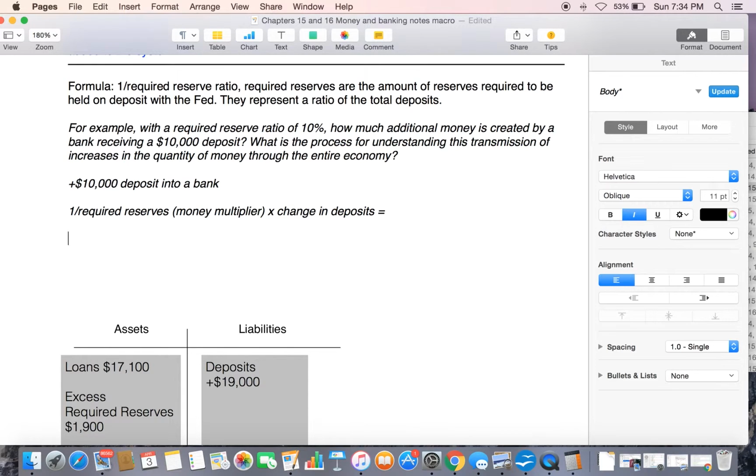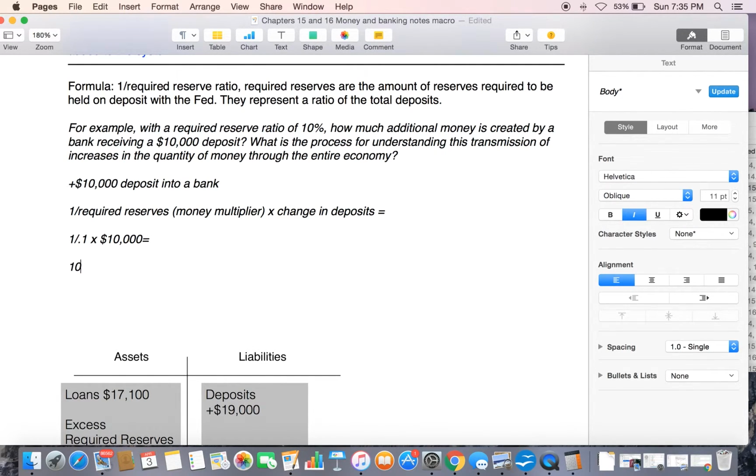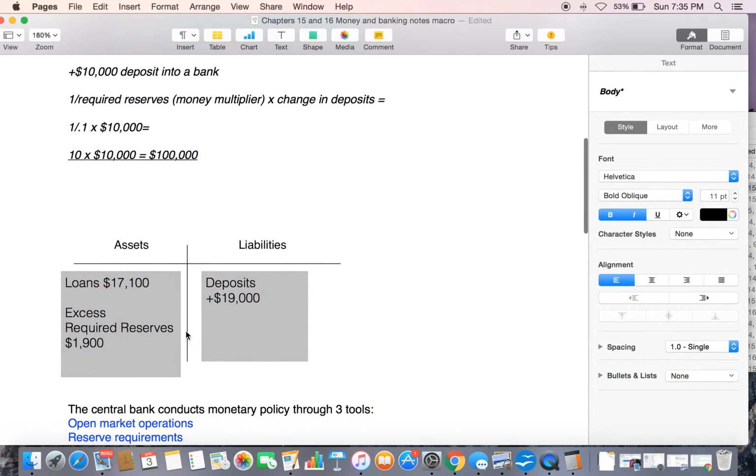So 1 over our required reserve ratio of 0.1 gives us 10 times that initial $10,000 deposit, so there will be an increase in the money supply of $100,000 with a $10,000 deposit into a bank at a required reserve ratio of 10%. We could look at more rounds of this.